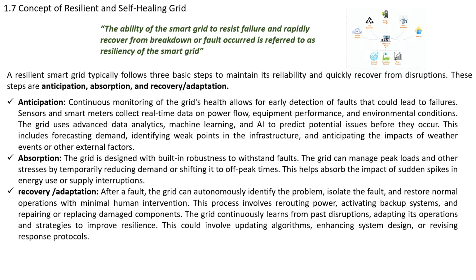And third, whenever a fault occurs, the grid should continuously monitor the data and go to the data analytics, and again resolve the fault, and then isolate the fault area or fault line from the healthier line. So this is the main concept of resilience of the smart grid.